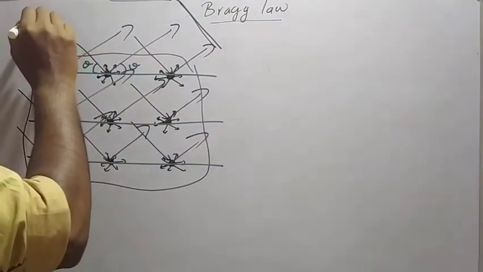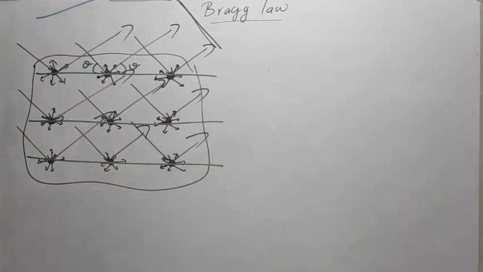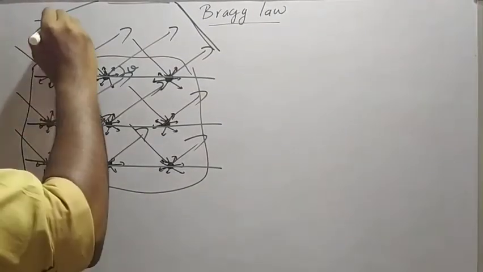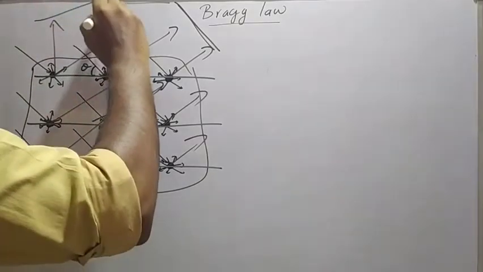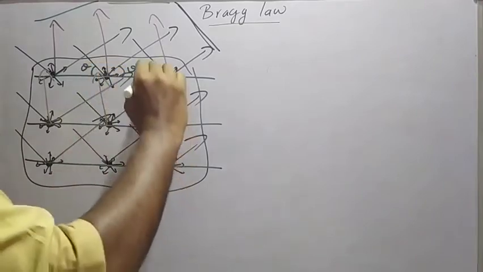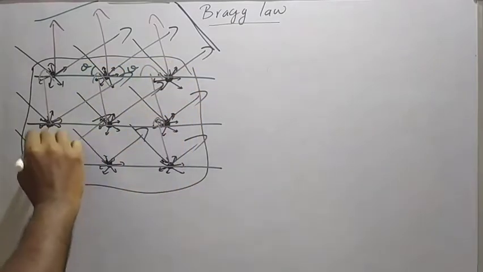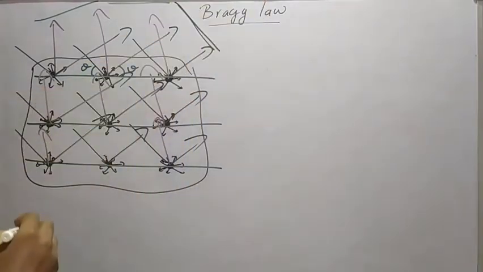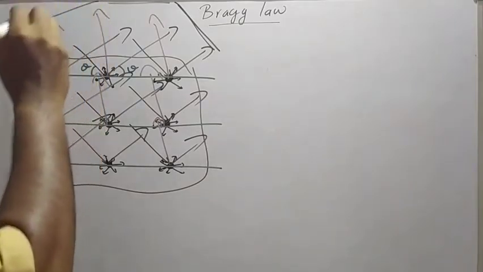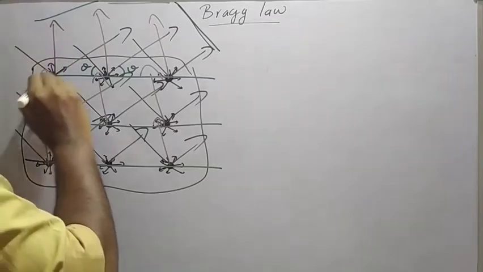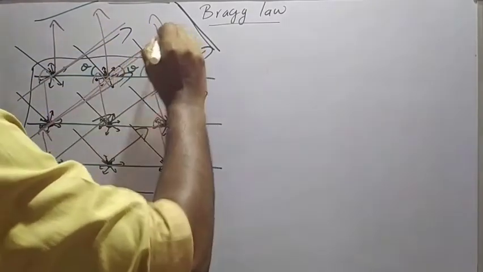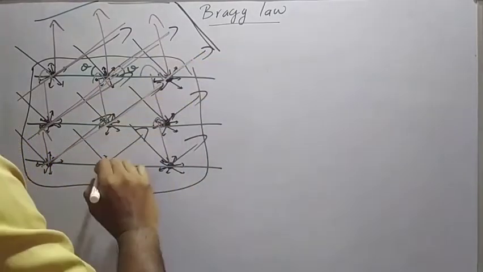And if I move this detector again in another direction and I am getting a constructive interference in that direction, according to Bragg, these diffracted rays which contribute to the constructive interference resemble the reflection from another set of parallel planes.